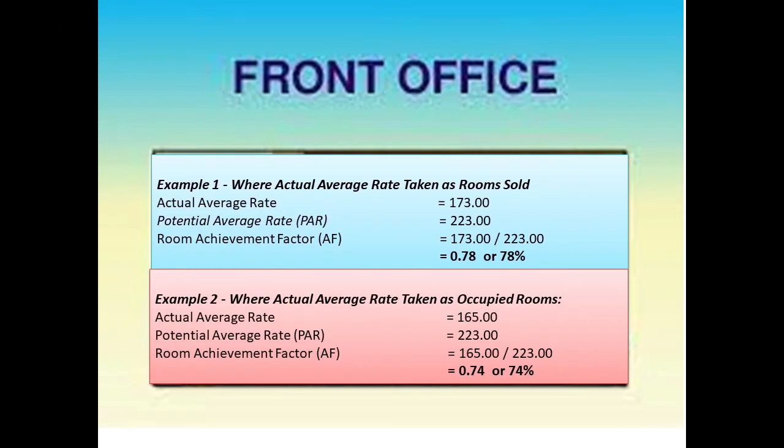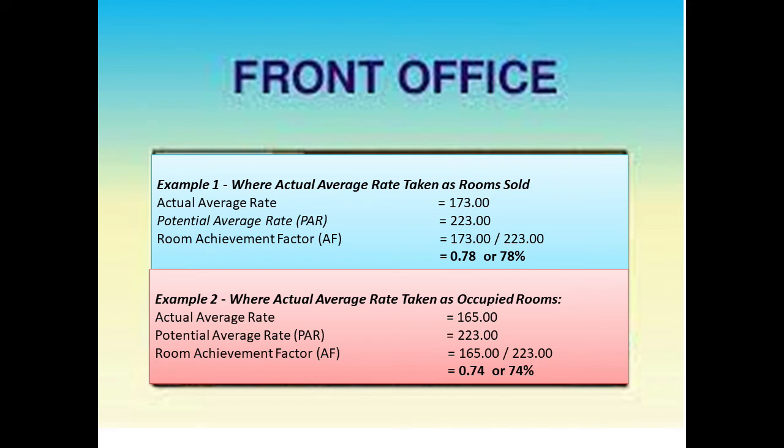Example number 1, where actual average rate is taken as rooms sold, actual average rate is equal to 173. The potential average rate or PAR is 223. The room achievement factor or AF is equal to 173 over 223 is equal to 0.78 or 78%.